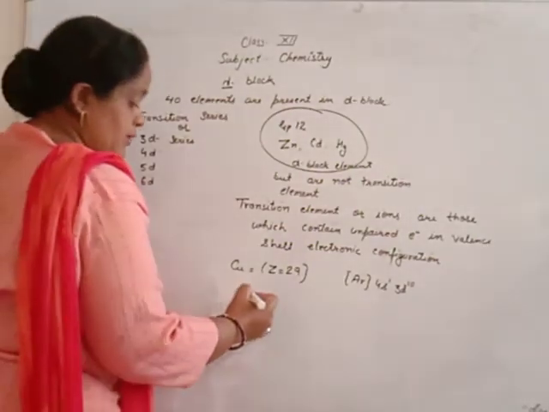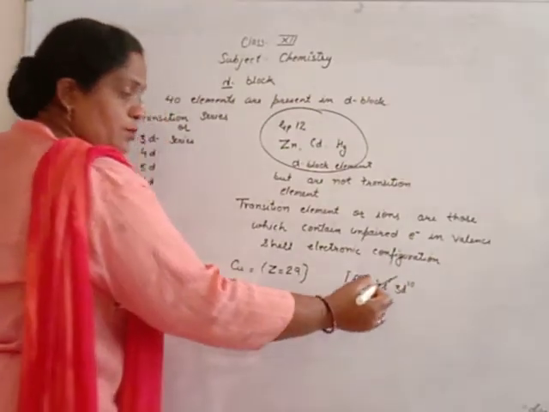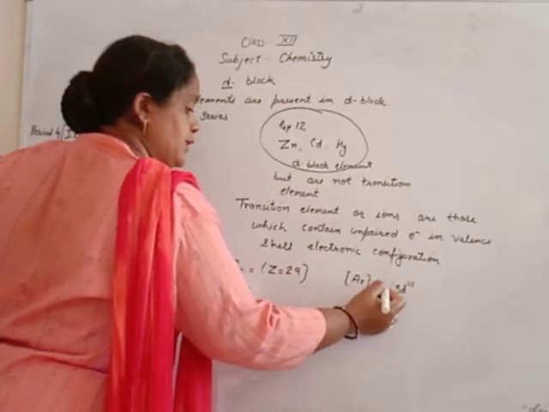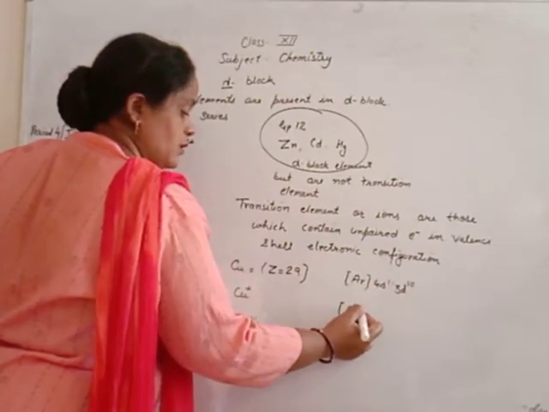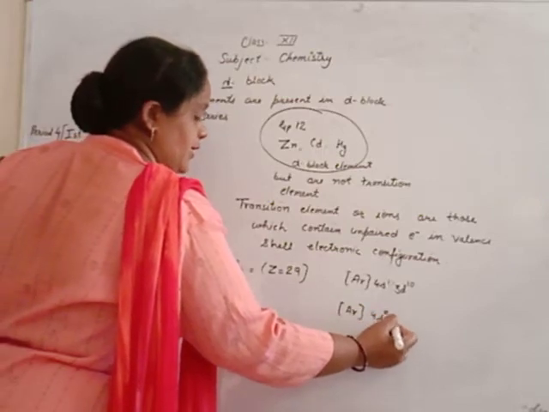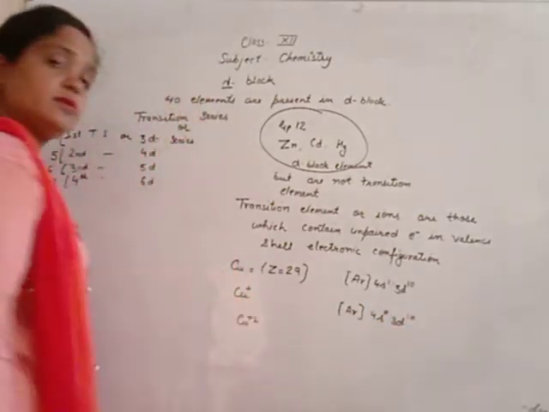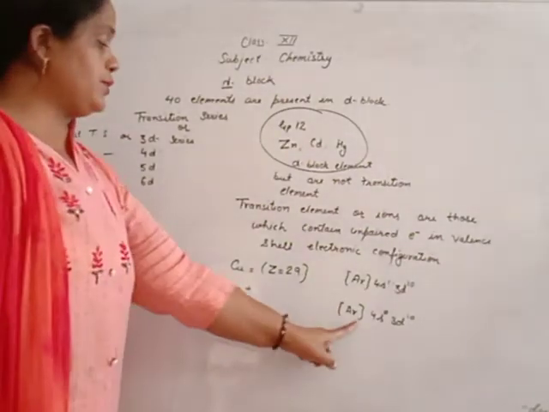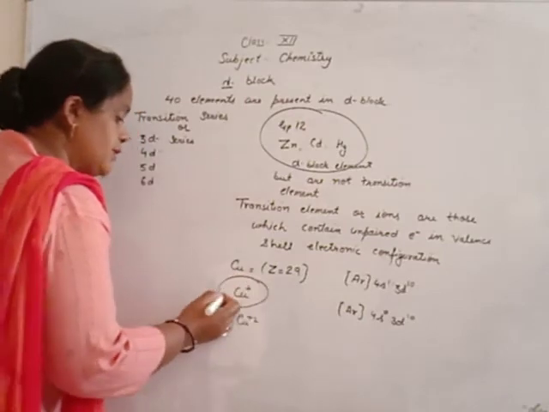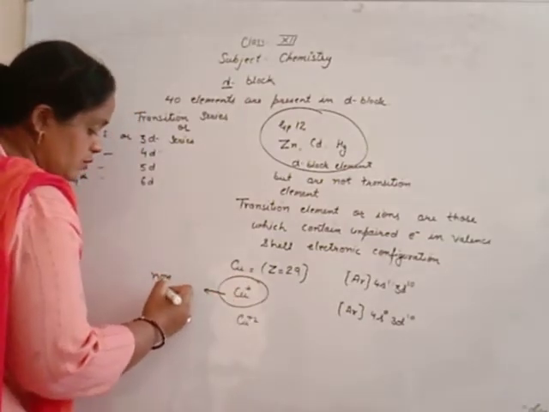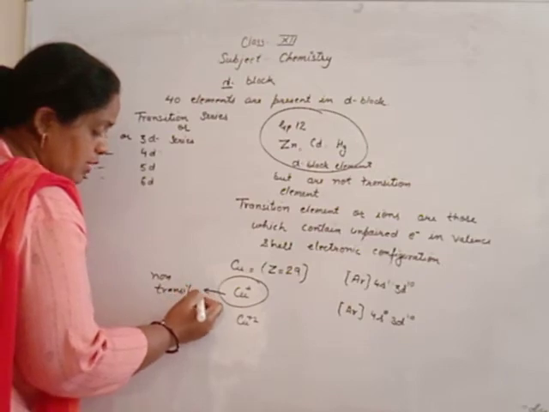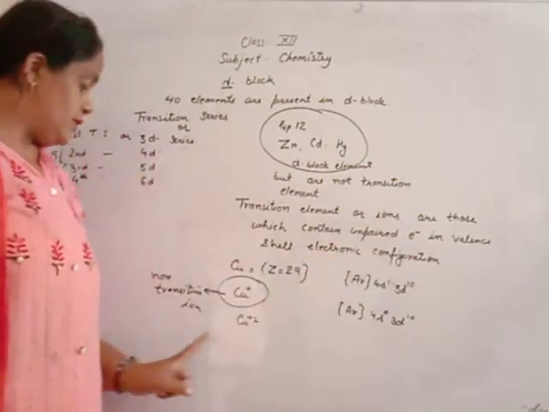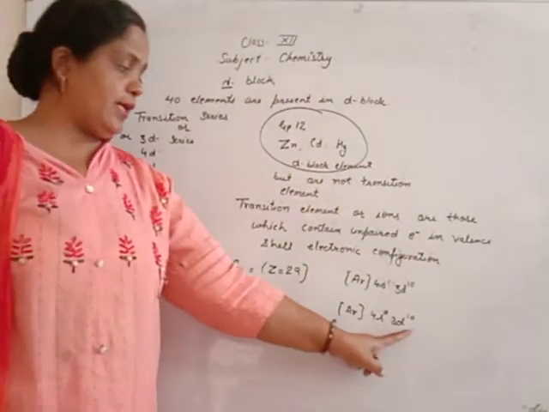Copper +1 loses this outermost electron, so the electron configuration is argon 4s0 3d10. All electrons are paired, fully filled. If all electrons are paired, then it is considered a non-transition element or ion, because it does not have any unpaired electron.